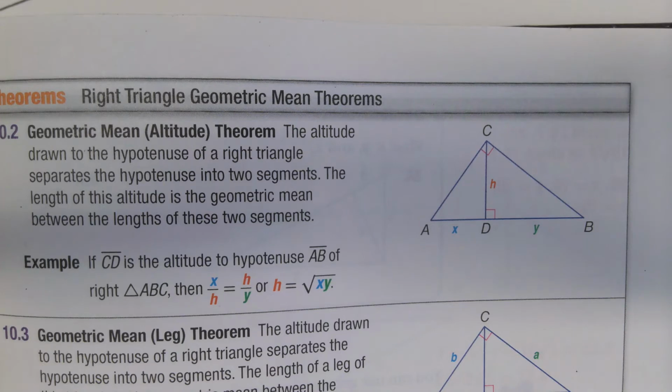So altitudes are lines that go from the vertex perpendicularly to the other side. That's pointless. I'm not going to draw these.